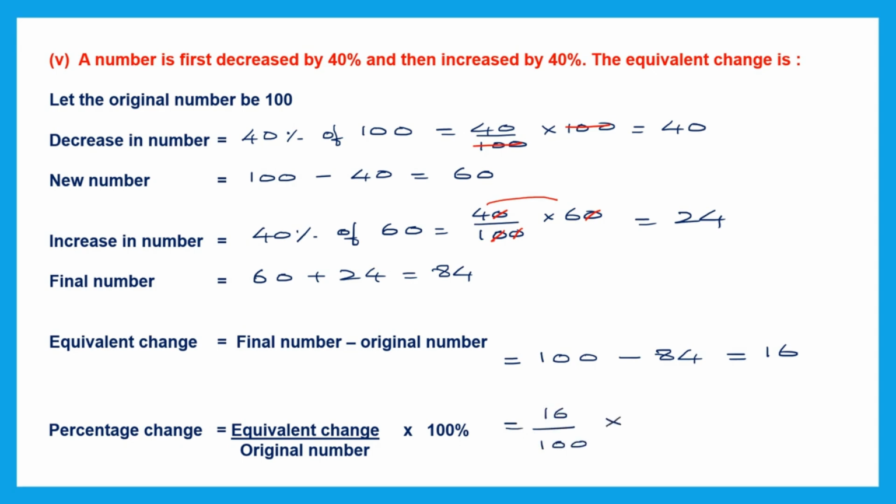And to find the percentage, we multiply by 100%. Now let's cancel the hundreds. So what is left is only 16%. And this has been a decrease of 16%. So from 100, it has now come to 84, and the decrease is 16 and the decrease percent is 16%.